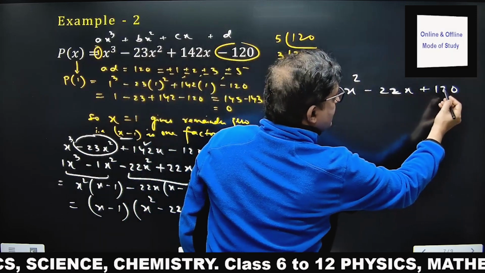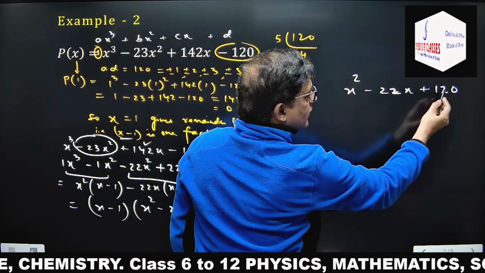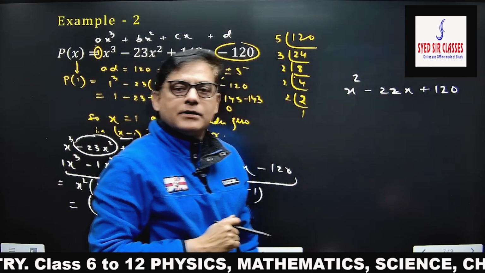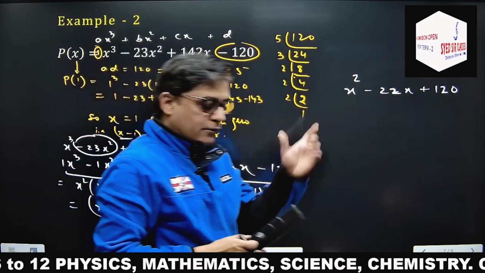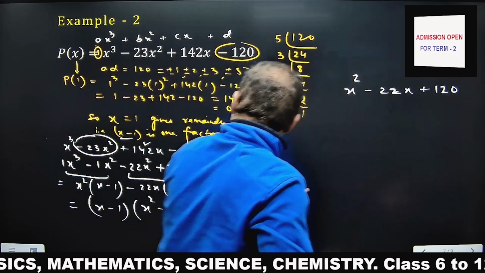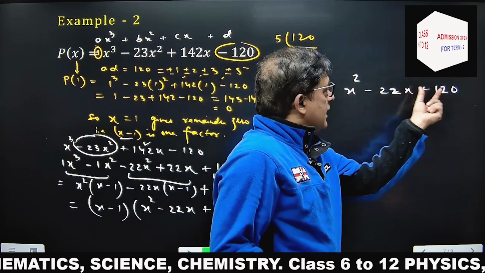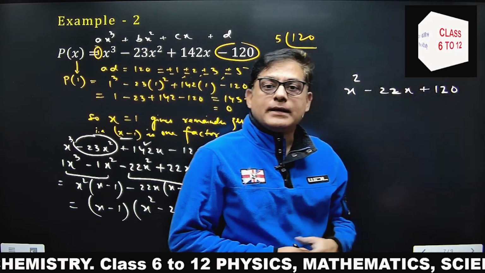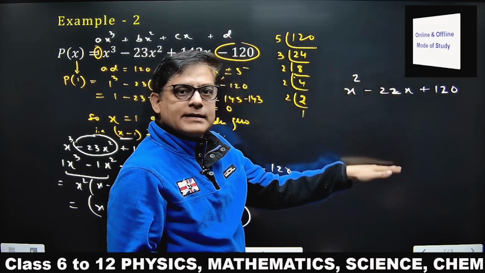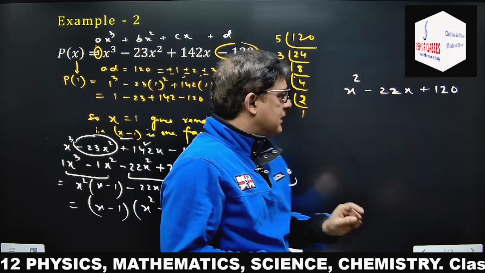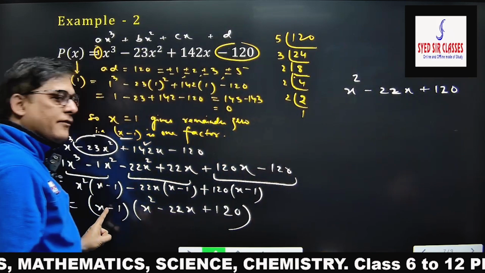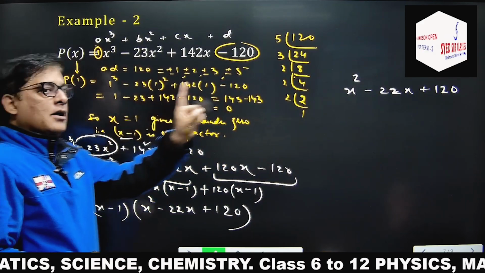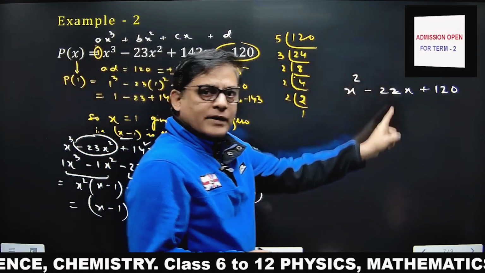For a quadratic equation, what you need to do? Split this 22 in such a way that the product should be 120. Once we factorize this into two linear factors, I'll be getting three linear factors: x minus 1 and these two. How to factorize it?